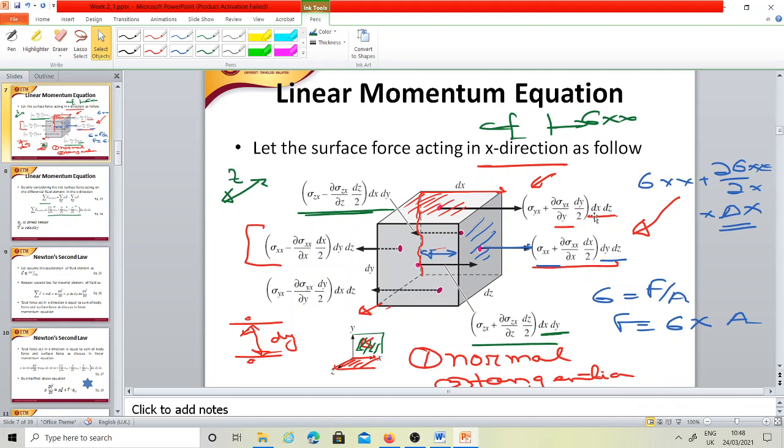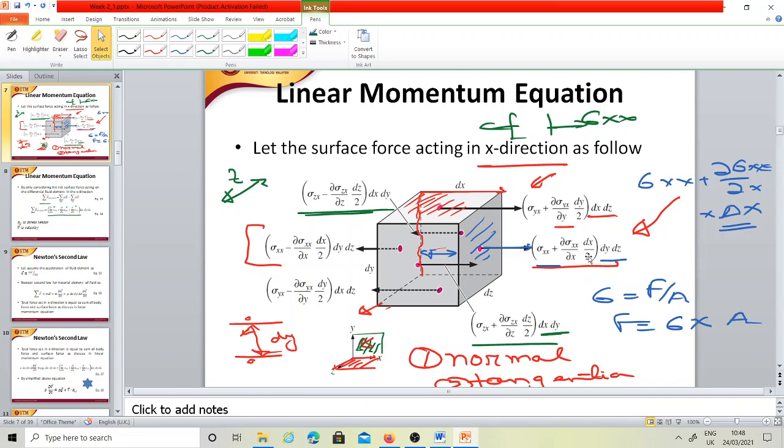Once you put it together, you can see sigma xx, and we have del x and del z, and this part will be cancelled out.